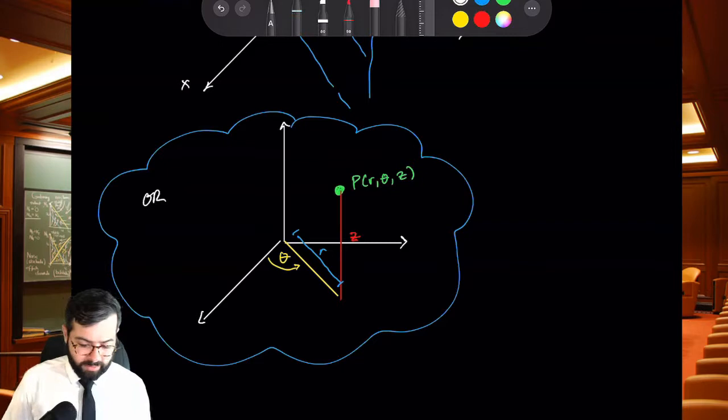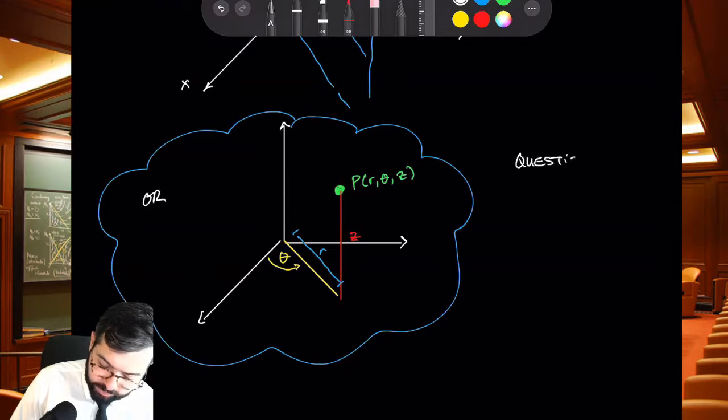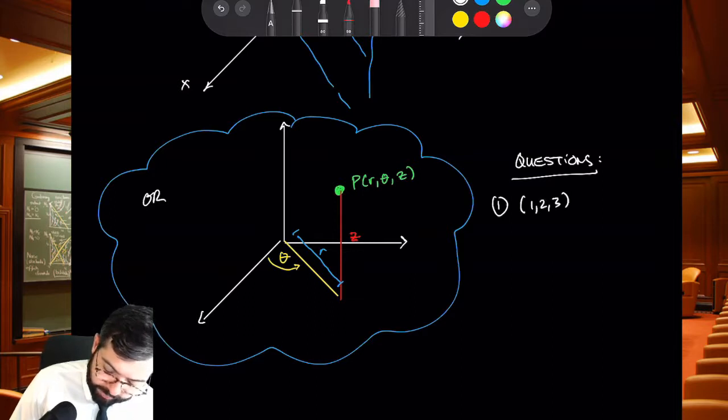So we'll think through what surfaces and some equations look like here. We'll phrase this as questions. The point 1, 2, 3 in the rectangular goes to what in polar?